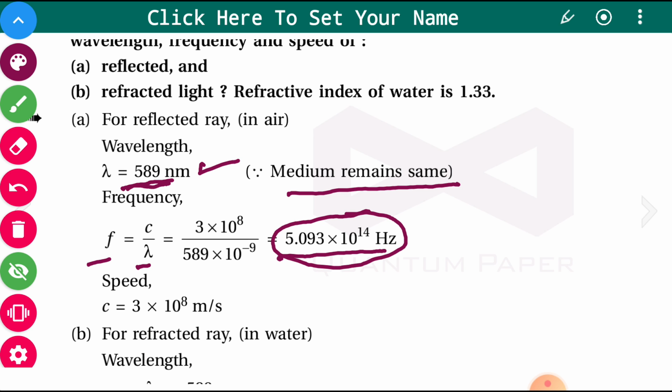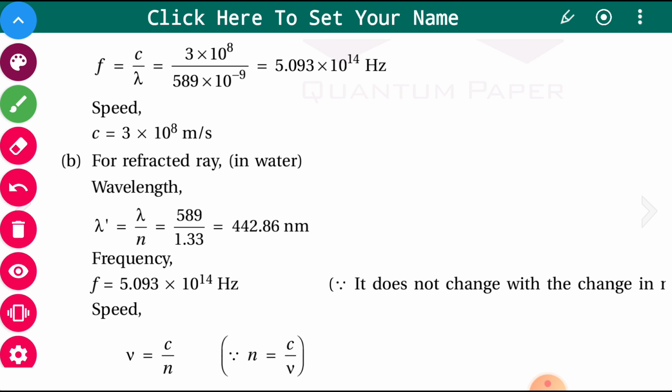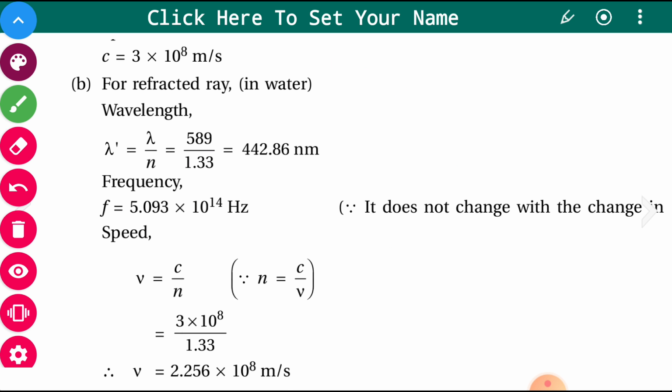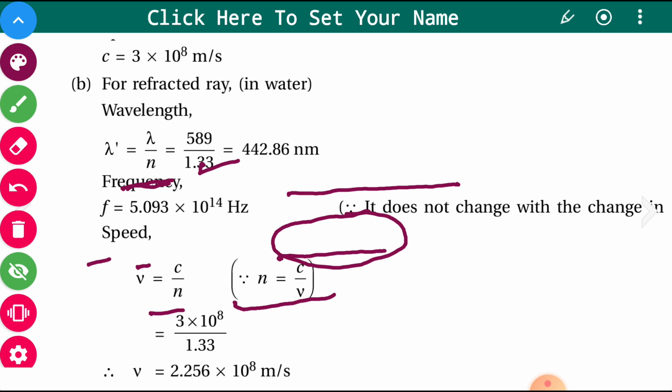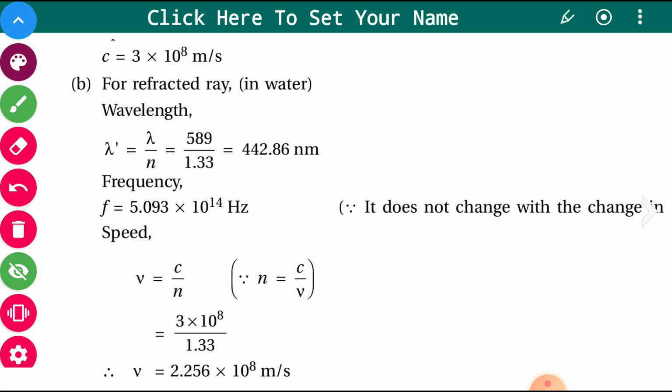The speed of the reflected light will be the same as that of the incident light, because the medium remains the same. Now the light ray which is refracted means the light ray which is traveling in the water medium.